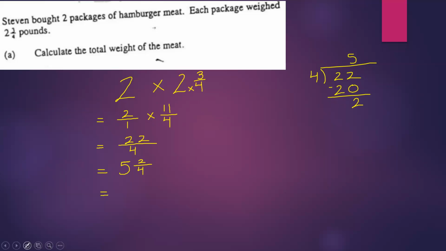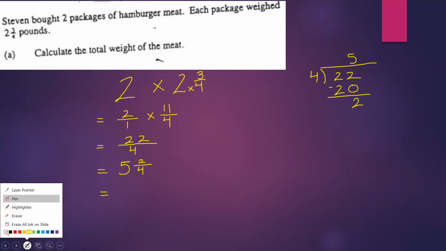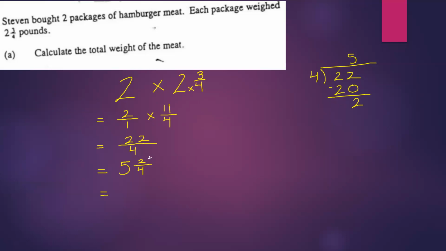No, that could go lower. So we could divide top and bottom by 2. 2 divided by 2 is 1, and 4 divided by 2 is 2. So it's 5 and 1 over 2.